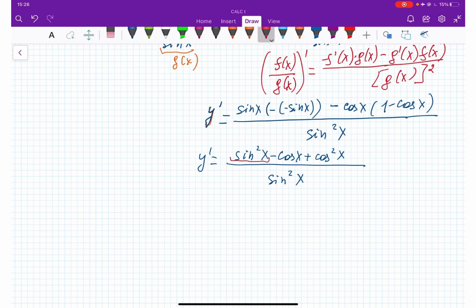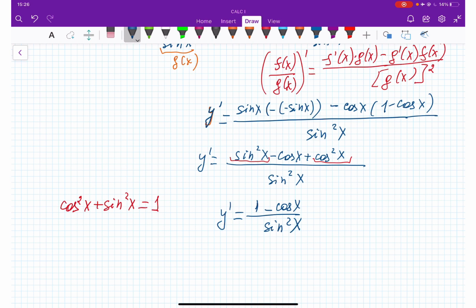Sine square x plus cosine square x. It's a famous formula that says cosine square x plus sine square x is equal to 1. So from here, y prime is equal to 1 minus cosine x over sine square x.